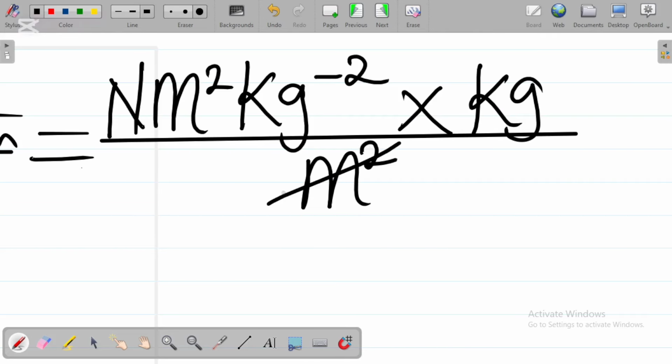So here m raised to power 2 cancels off m raised to power 2, and kg cancels one of the kg. So we are left with kg raised to power negative 1.